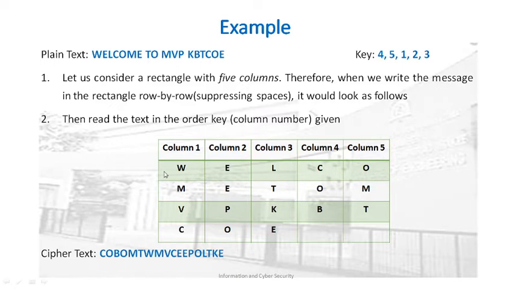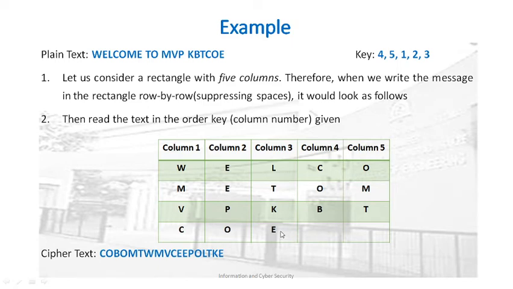So we write our message from left to right and top to bottom. While writing, I will start with column 1. So W, E, L, C, O, M, E, T, O, M, V, P, K, B, T, C, O, E.